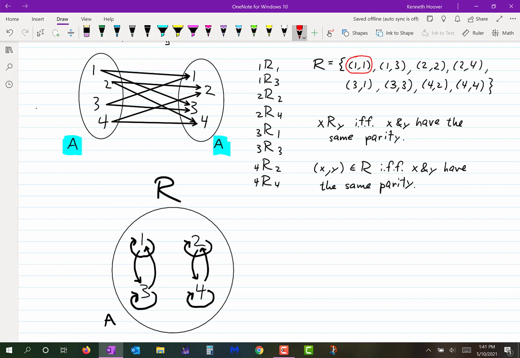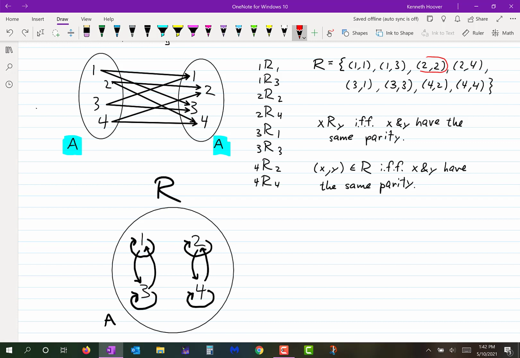Is 1, 1 in there? Yes, it is. Now, that one wasn't interesting because the first number and the second number are the same, but it becomes more interesting here. Here's 1, 3. I'm going to flip that order and get 3, 1. Can you find 3, 1 in the relation? Yes, right there.